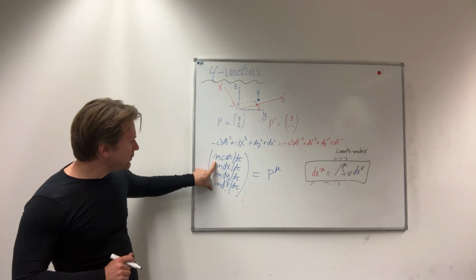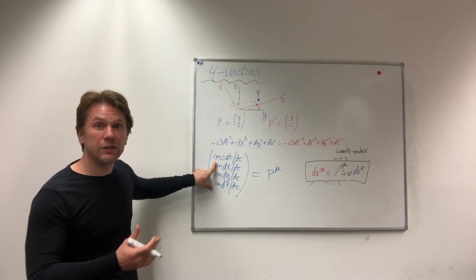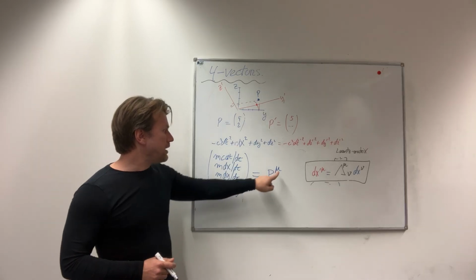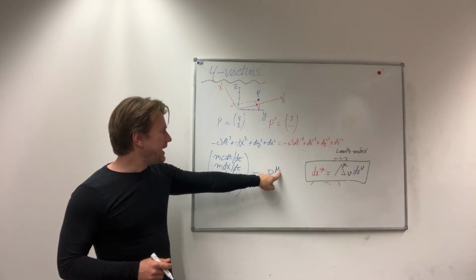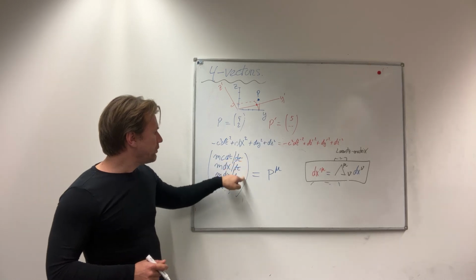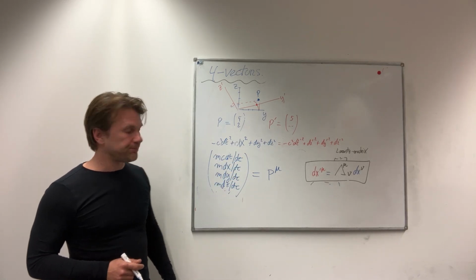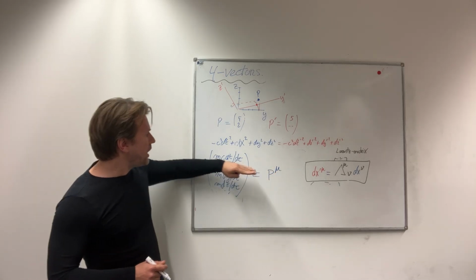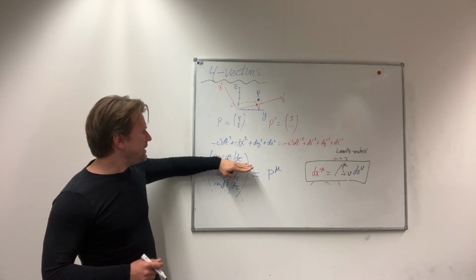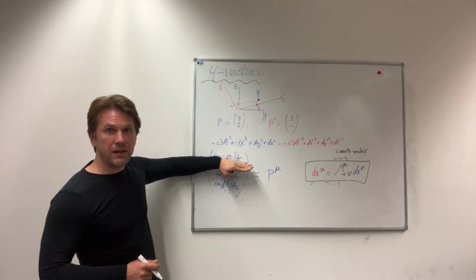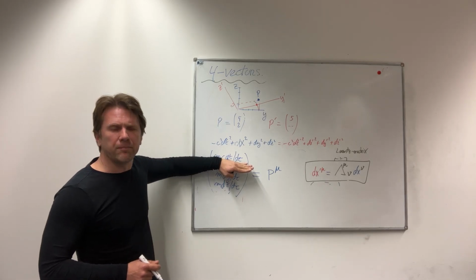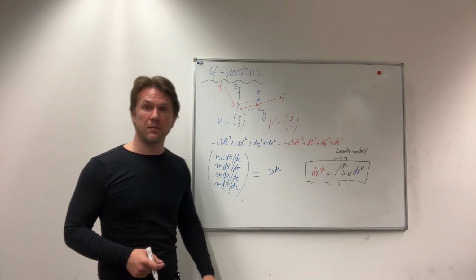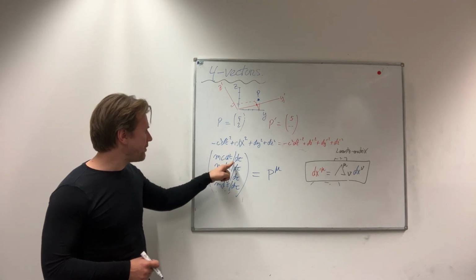So these 3 entries below are called the momentum, and since for momentum we have the symbol P, we call that whole object P, and the mu then counts, as before, which of those 4 numbers you mean. You might wonder at this point, okay, mu 0 is the upper part, and that's an m, a c, and a dt over d tau. Well, it's not a momentum, right? For momentum you need a velocity, a distance traveled in a certain amount of time, times a kilogram, and this is a different thing.